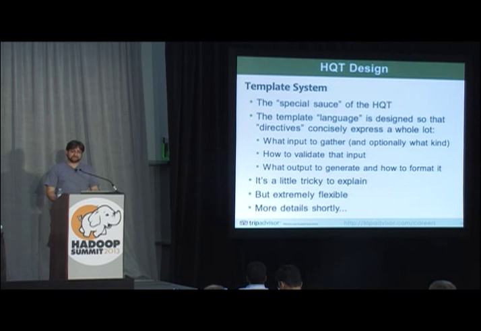In one context, they spit out a data structure that the web front end uses to build the GUI, and when the user has filled out their options, we stuff all that data into a data structure and give it back to the template engine. And in that context, it validates the input and generates HQL. But it's very flexible.